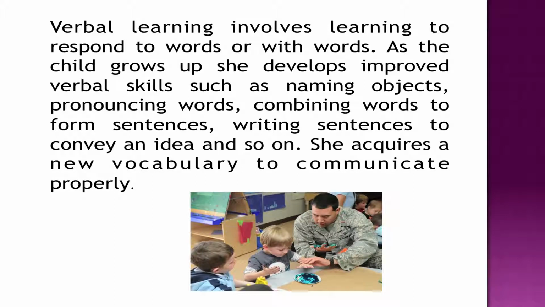As the child grows up, the child develops improved verbal skills such as naming objects, pronouncing words, combining words to form sentences, writing sentences to convey an idea, and so on. The child acquires a new vocabulary to communicate properly.